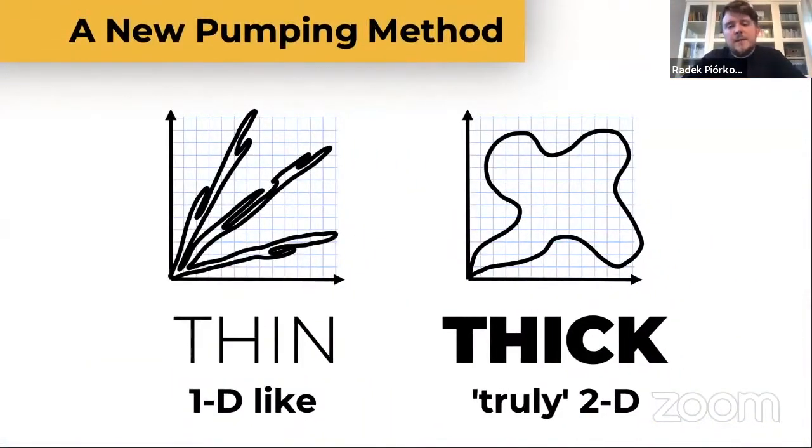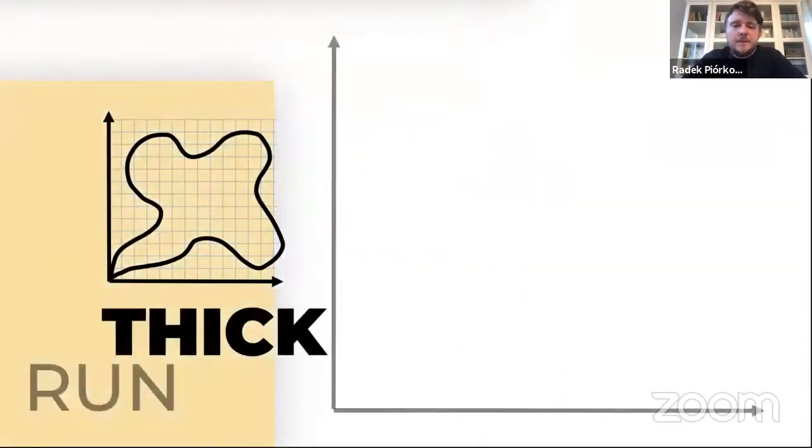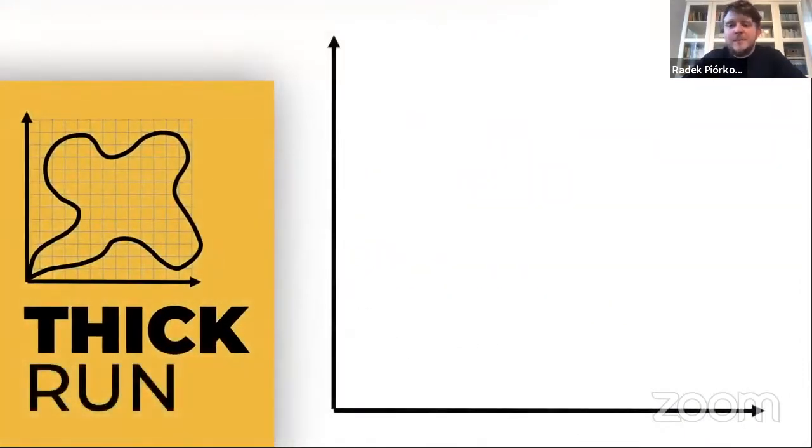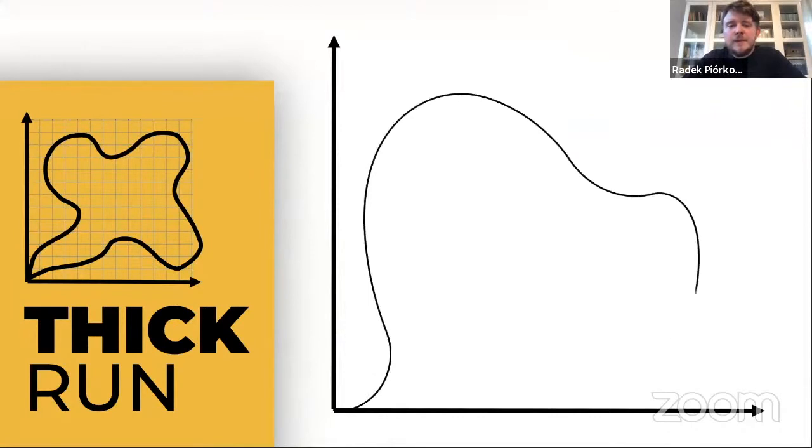The definition of thick runs may seem a bit more involved, but actually it's especially tailored for our 2D pumping scheme. So we start with a run like this, and just for symmetry, we divide it into 2 parts.